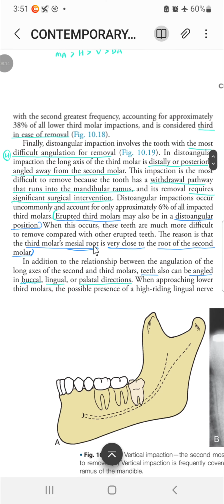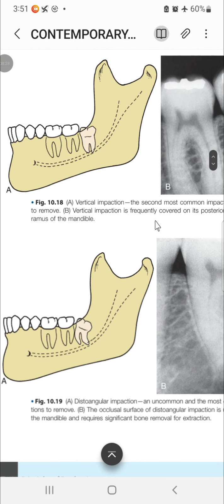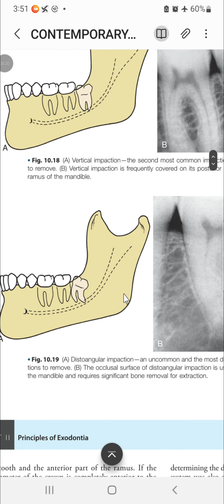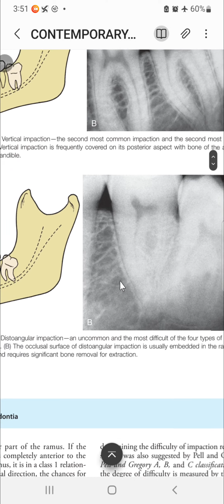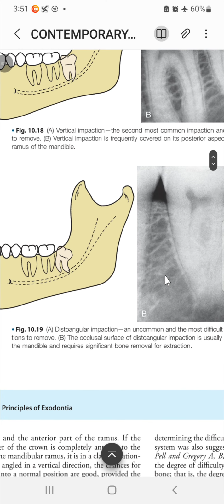Now, finally, the disto-angular impaction involves the tooth with the most difficult angulation for removal. You can see in figure 10.19 the disto-angular impaction, which is an uncommon and the most difficult of the four types of impactions to remove.